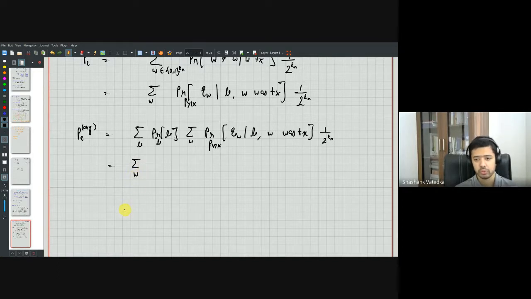So you first sum over all possible W, times the probability that the message W was transmitted, then sum over all possible code books, the probability that this particular code book C was chosen, times the probability that the message W is decoded incorrectly given that you chose code book C and W was transmitted.